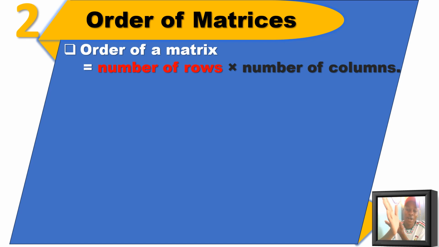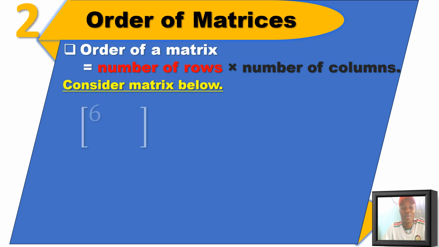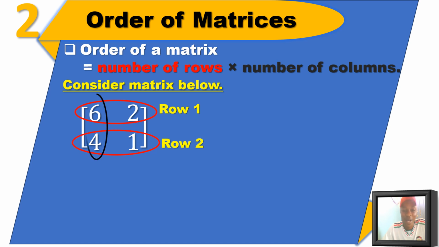Okay, so look at this example here. We have the matrix 6, 2, 4, 1. In this matrix, how many rows do we have? Let's count. The first row, the second row, and we have the first column, the second column. Right, so only 2 rows and 2 columns.